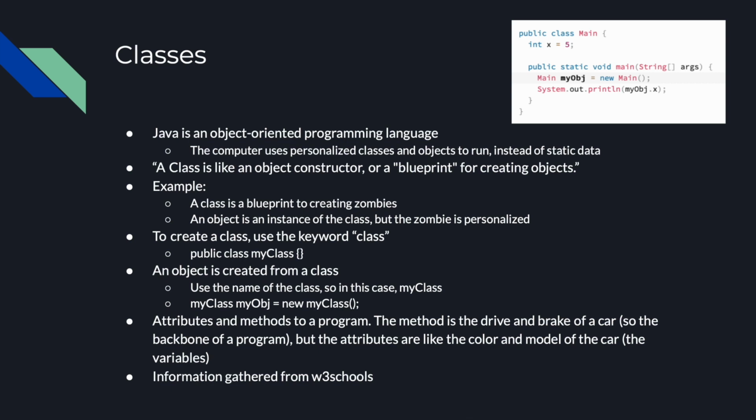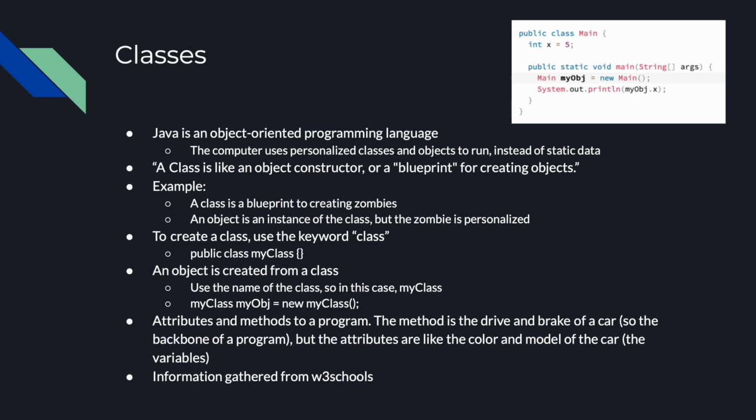So something to separate what a class and object is: a class is kind of like a blueprint for creating objects. Whenever you want to create an object, you always start from a class, and then in your object you can create your little attributes, your little detailed things only meant for that specific object.